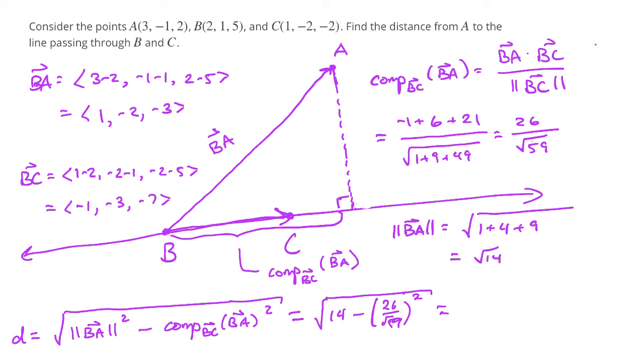And so this will give us the square root of 150 over 59, which gives us 5 times the square root of 6 over 59. Or if we want to rationalize the denominator, we have 5 times the square root of 354 over 59.